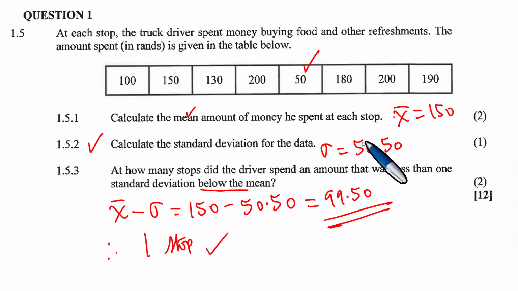Did you get 50.49? How did you get 50.49, when you said x bar minus sigma? Okay, if you round off, then it's 50.